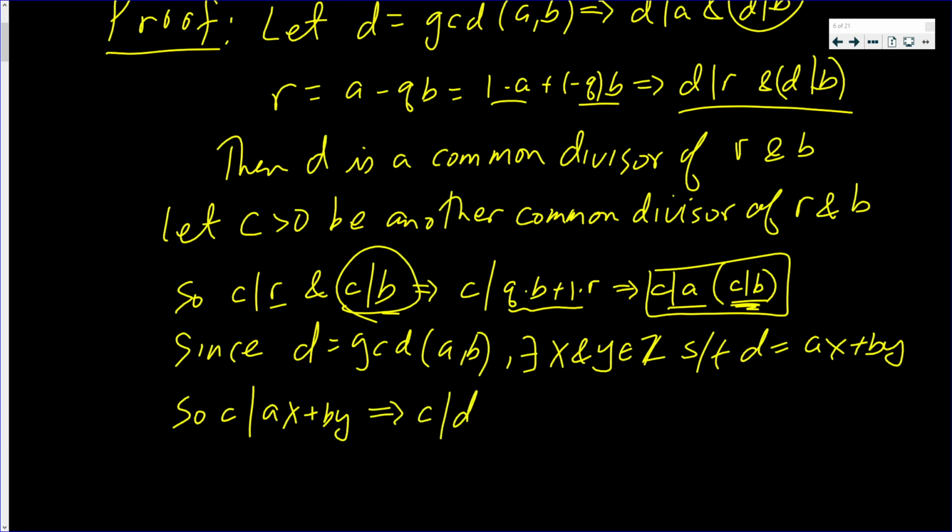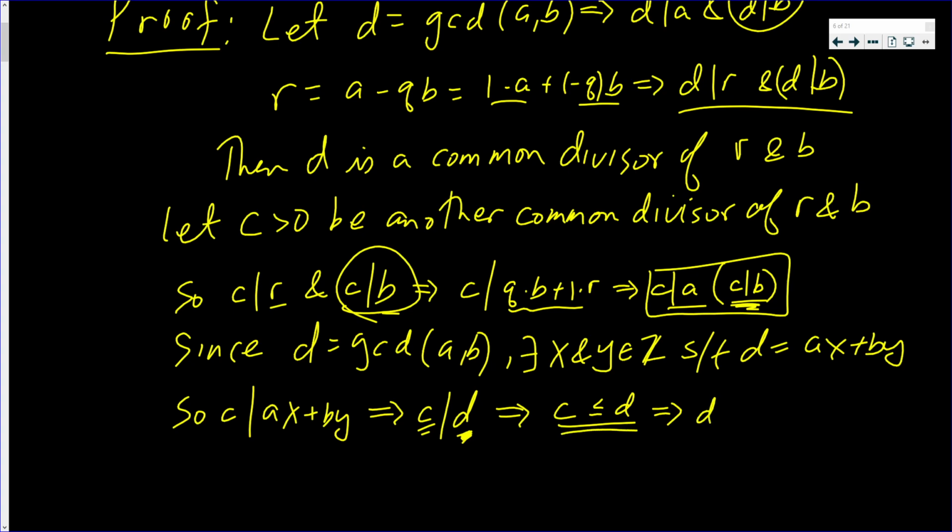That is, C divides D. But that's what we wanted to show. So C is less than or equal to D because D is positive and C is positive. GCD of two numbers is always positive. Okay. So C divides D. Sorry, C is less than D.